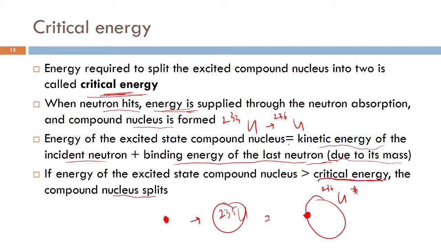The feature of thermal neutron is the energy is very low, so we can almost neglect the kinetic energy of the thermal neutron. Now the energy of the excited state compound nucleus is just the binding energy of the last neutron.